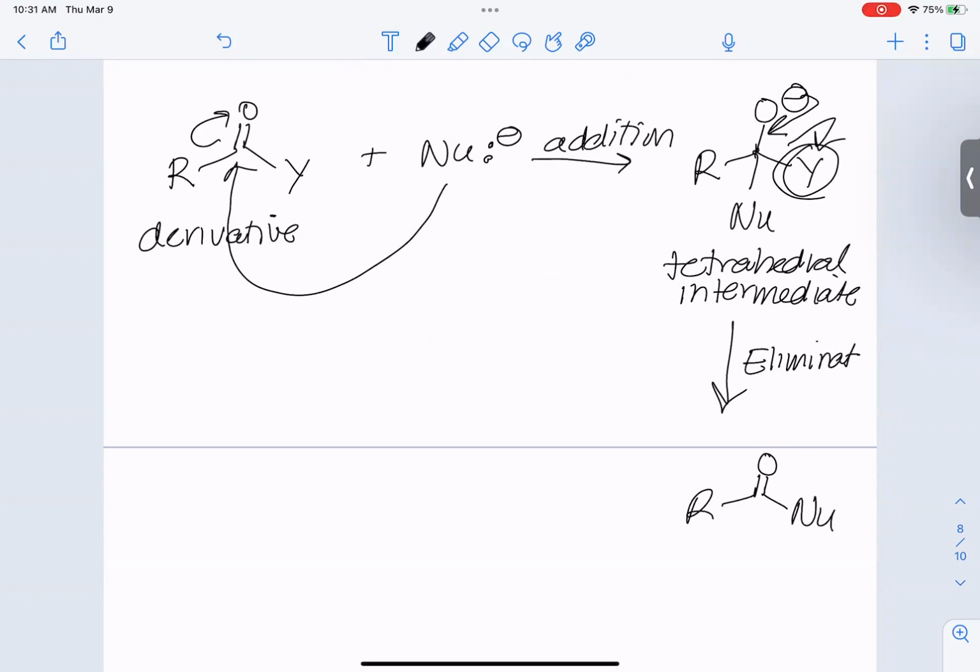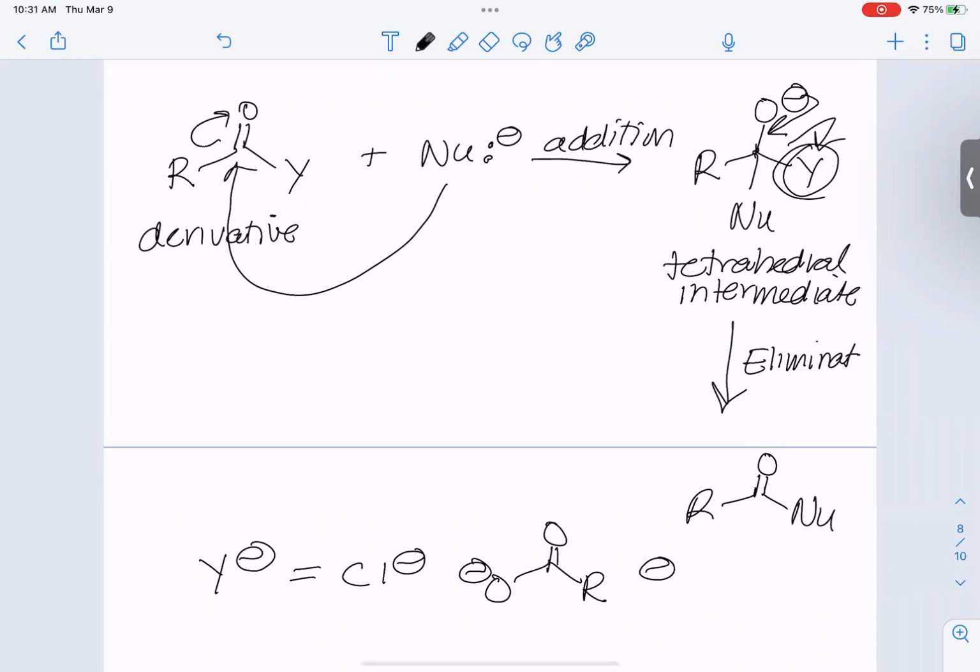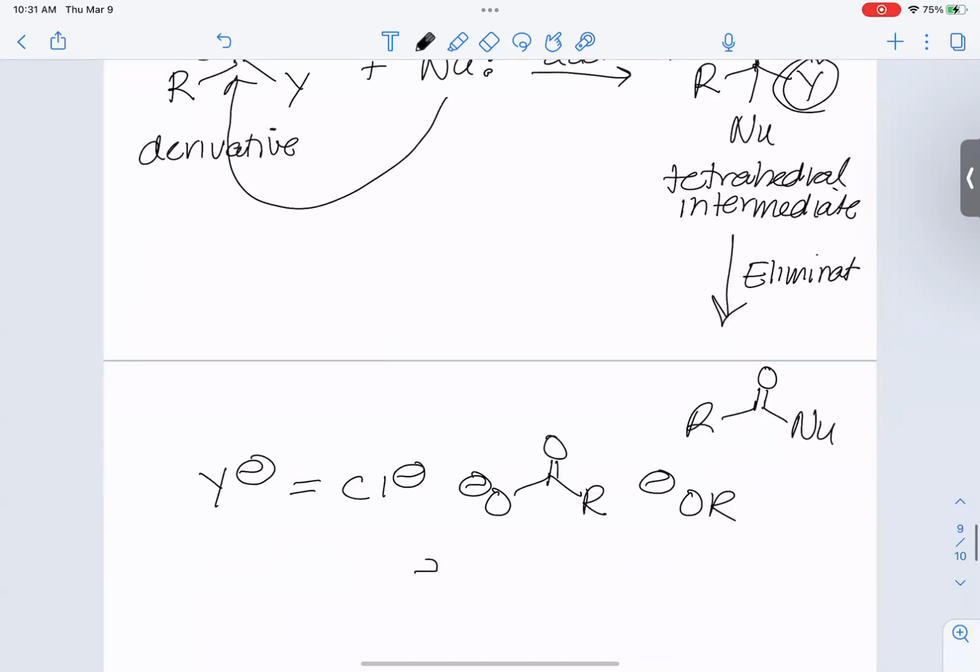You're not going to have to do that here. So your leaving groups are going to be Cl minus, or carboxylate, and alkoxide, and this negative nitrogen.